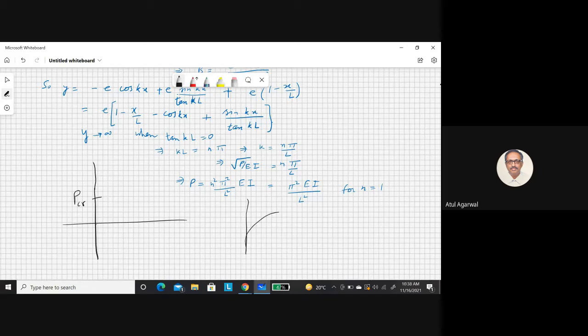You see your column deflects. It becomes like this when this is a fixed end. Now since you have got hinged ends, they support like this, so it is going to bend like this. It can go like this also, or like this.